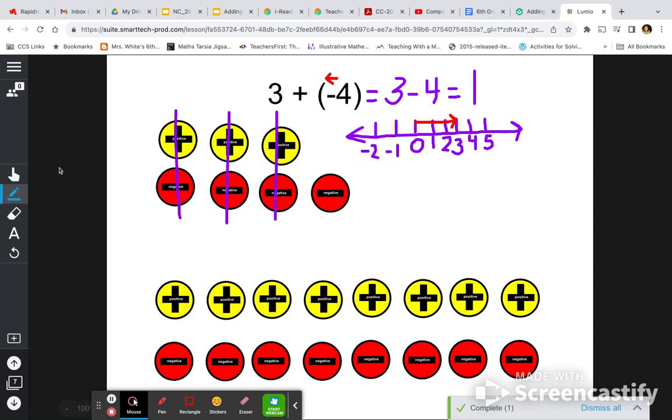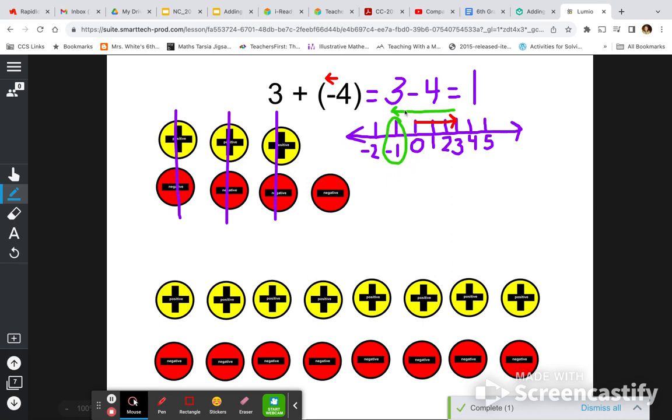Okay. So again, I am going to go to the left 4. So I'm starting at 3. That's where we ended. And I'm going to go to the left 4. So that would be 1, 2, 3, and 4. So I am ending here at -1.